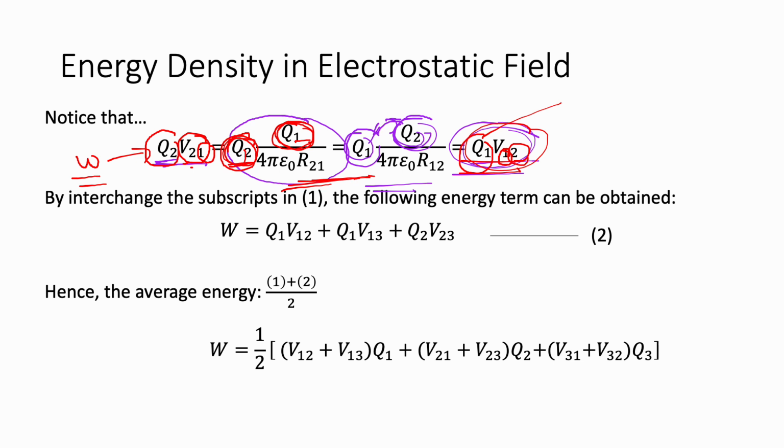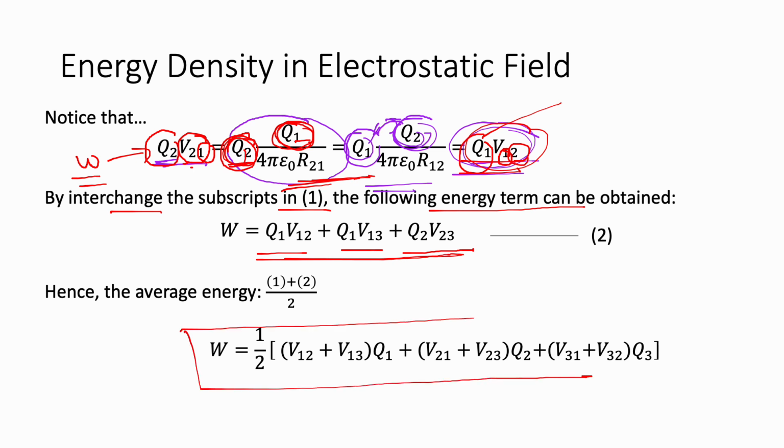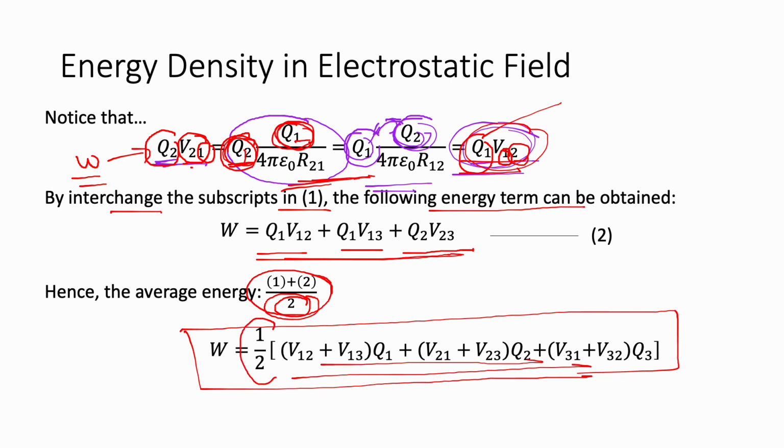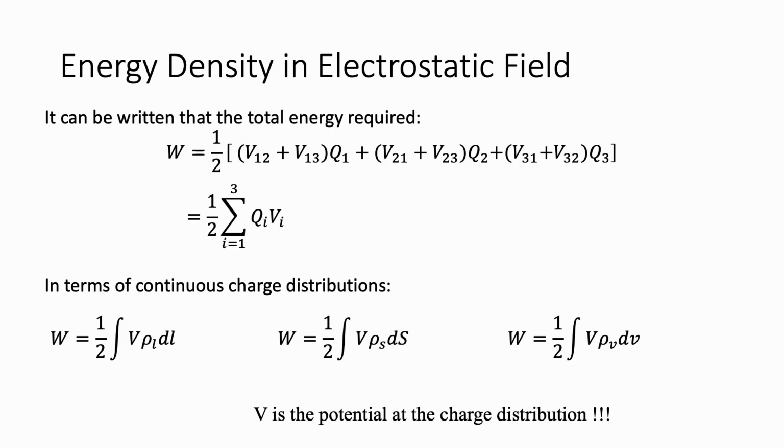By interchanging the subscript 1, the following energy can be obtained: Q1 V12, Q1 V13, and Q2 V23. So we can rewrite it as such, and from here the total energy, the average energy, of course we need to divide by 2. So all of this summation you divide by 2.